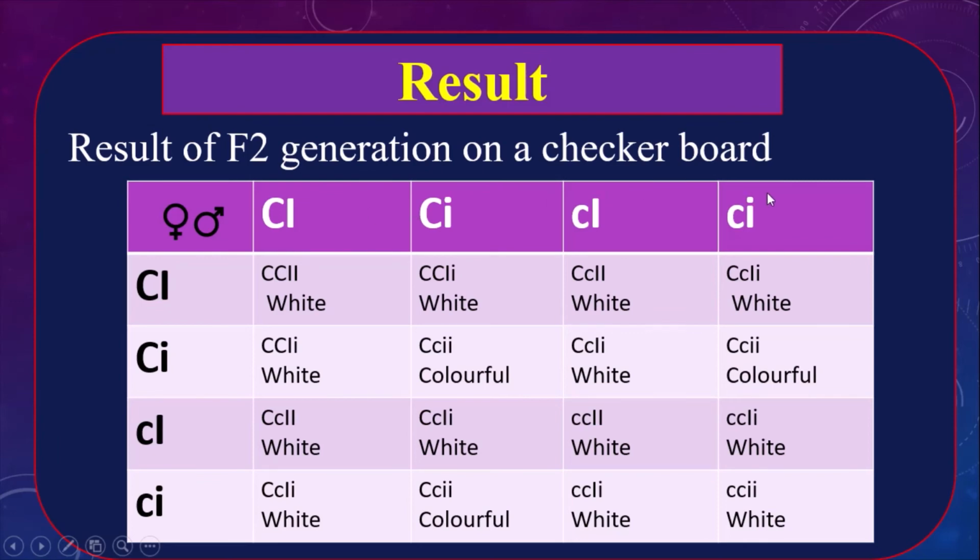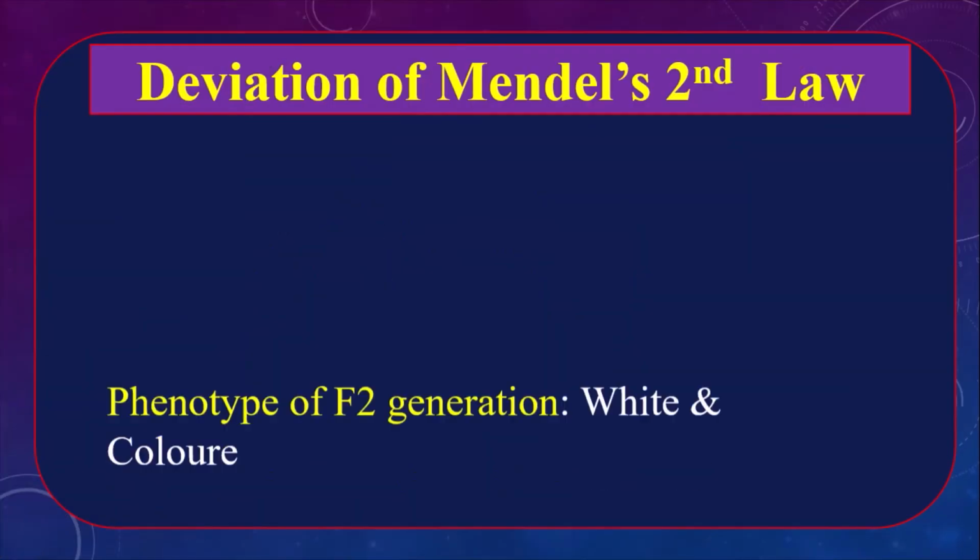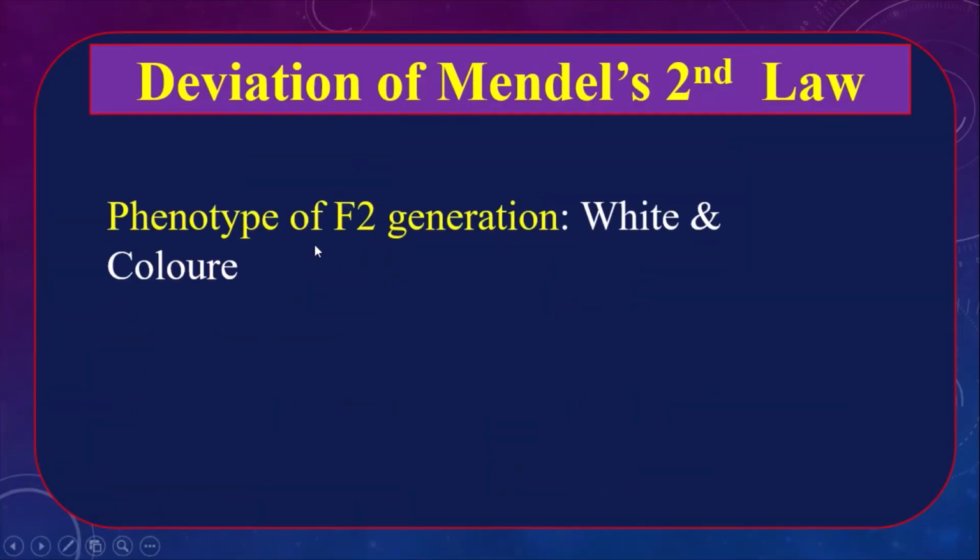Then these gametes may mix freely. Here we will get two types of chicken, white colored and colorful. Phenotype of F2 generation: white and colored.